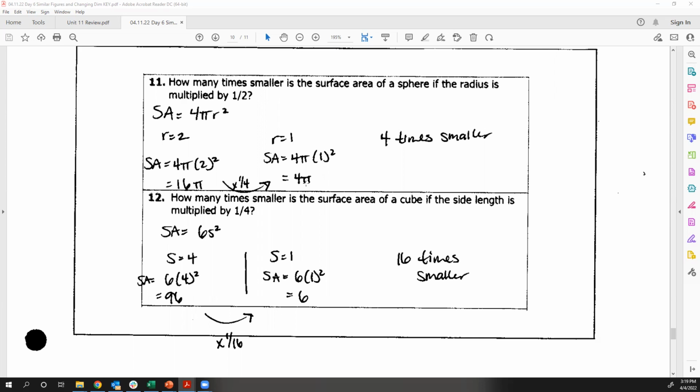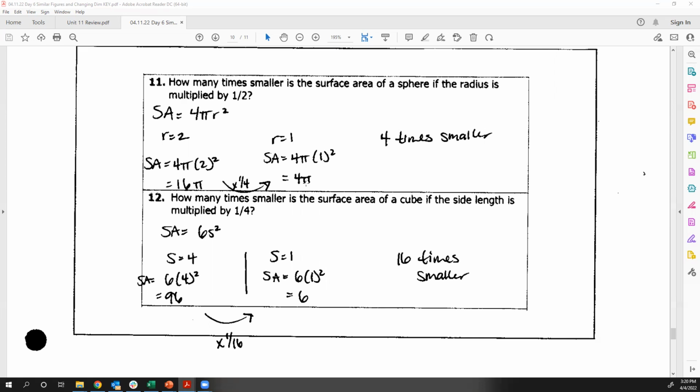So instead of saying divide by 4, change your thinking ever so slightly to multiplying by 1/4. 16 pi times 1/4 is 4 pi. It is 4 times smaller, or it's 1/4 as big. Two ways to word it, they mean the same thing.